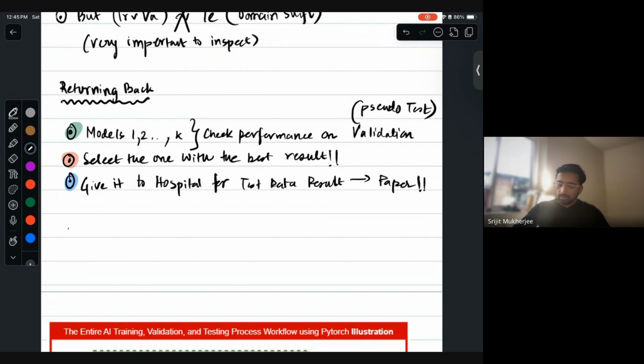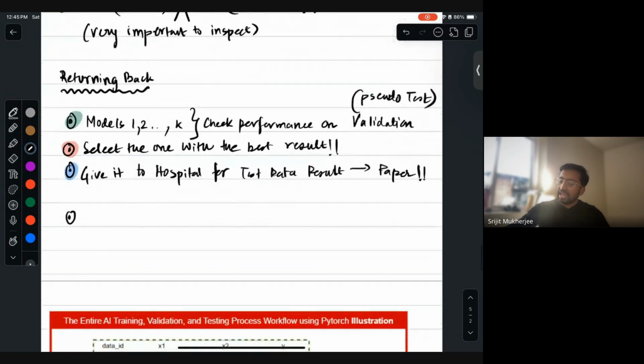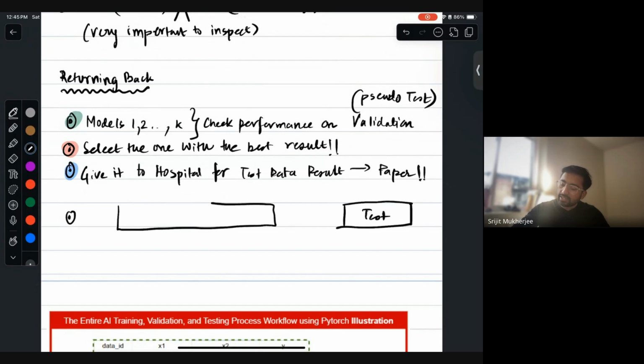So again, we have a different test data. We have a training data, and the training data is divided into validation and train.